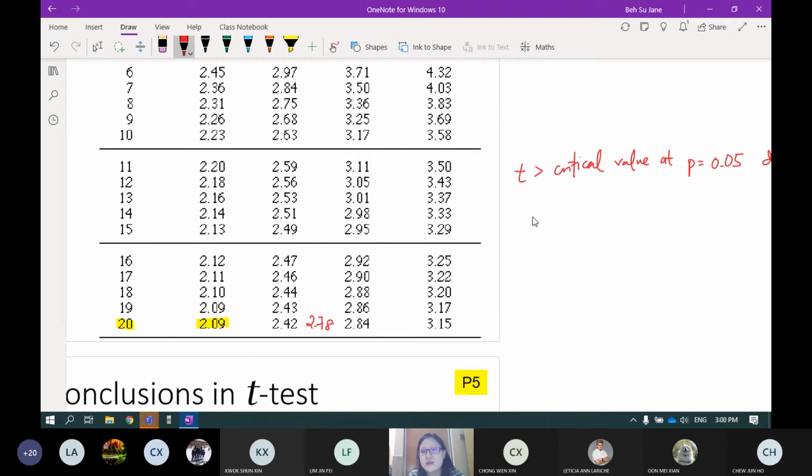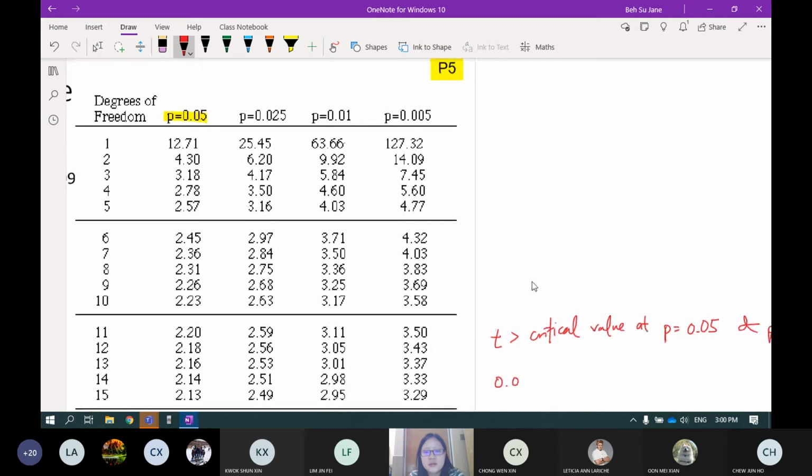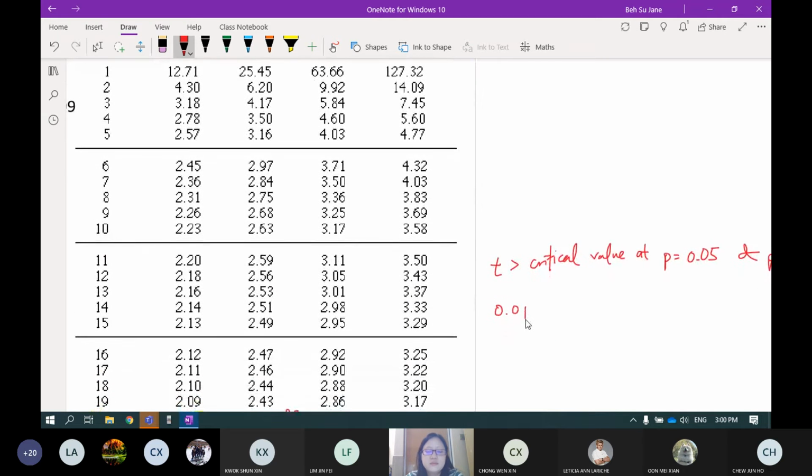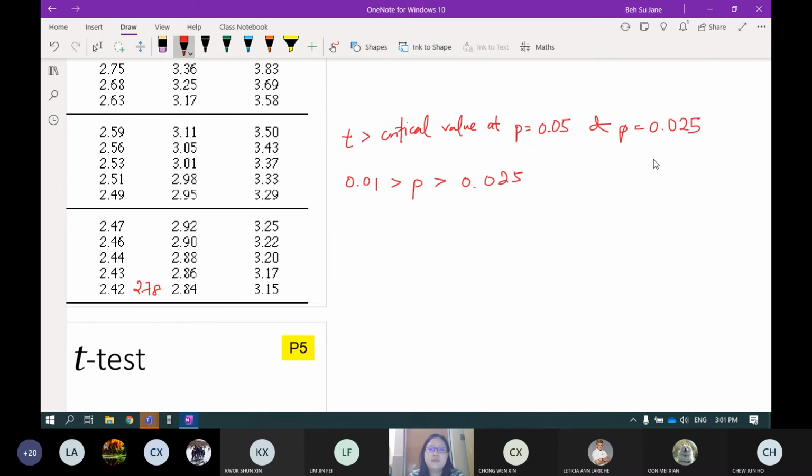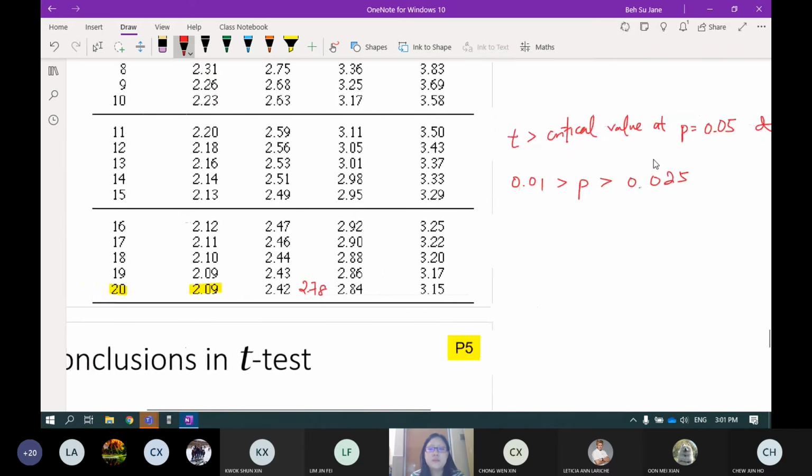It's between these two, right? So we can say the level at which this data is significant is between p 0.001 and p 0.025. It's significant at this level.